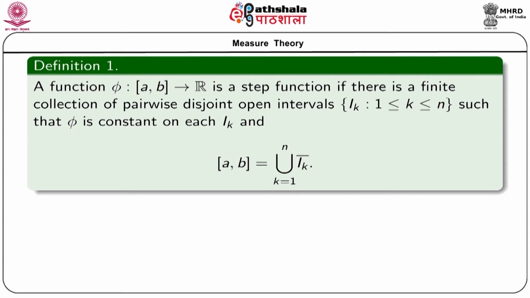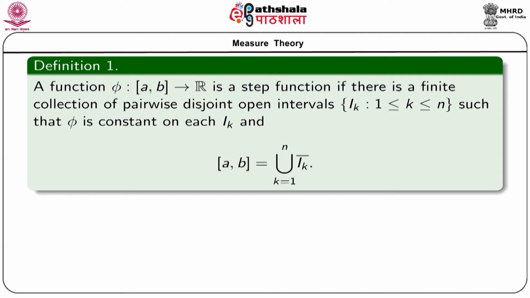A function phi from closed interval [a, b] to R is called a step function if there is a finite collection of pairwise disjoint open intervals I_k, where k runs from 1 to n.